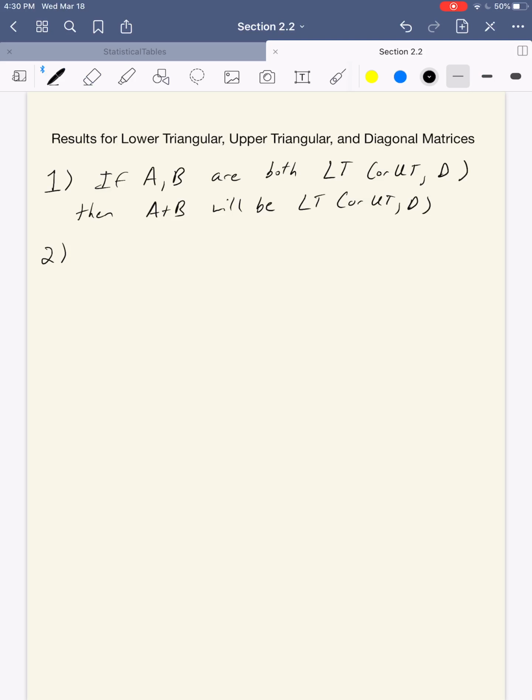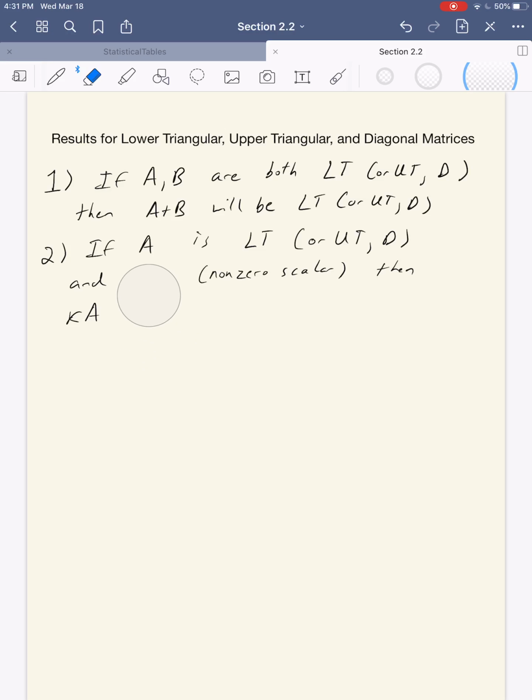It wouldn't be wrong, but we don't really need it. So let's say if A is lower triangular, or upper triangular, or diagonal, and k not equal to 0, so just a non-zero scalar, then kA. Well, the 0 case is trivial, so let's just get rid of that as well.